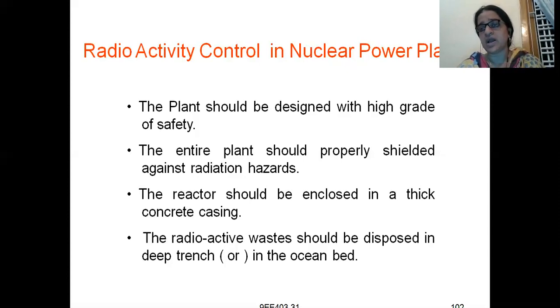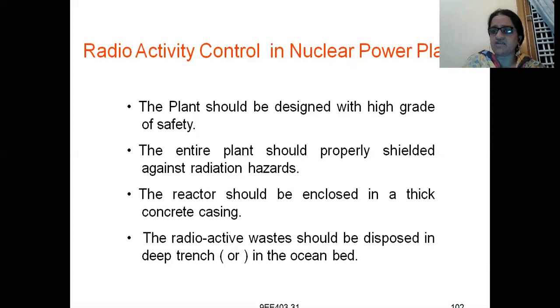Why? Because whatever wastes come out might have several types of radiations, and it can harm the environment, the animals, living things, non-living things. Even the air might get polluted. This is one of the reasons that radioactive waste should be disposed of in a deep trench or in the ocean bed, even in the inside layers of the ocean.